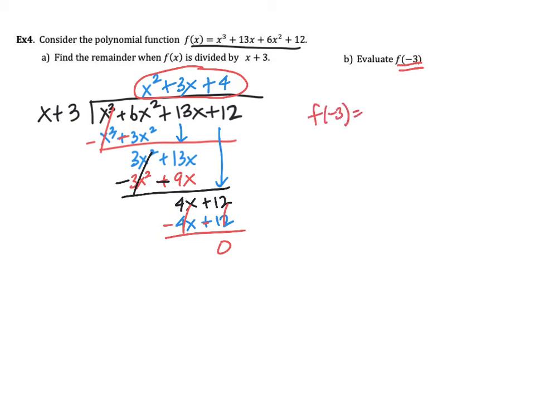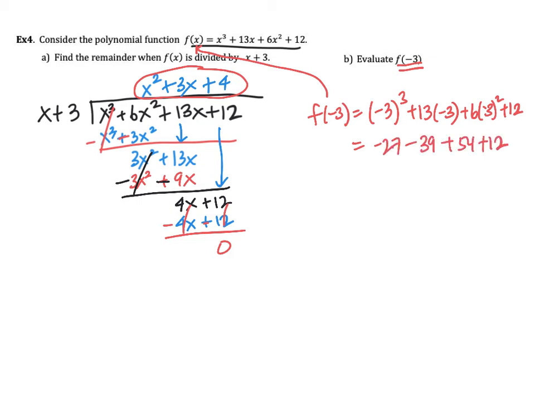So that means we're putting negative 3 into x, right? So that's negative 3 cubed plus 6 times negative 3 squared plus 13 times negative 3 plus 12. So I'm going to get negative 27 plus 54 minus 39 plus 12, right? If you can't do the math that quickly in your head, well, just look at it now or pause and try this on your own.